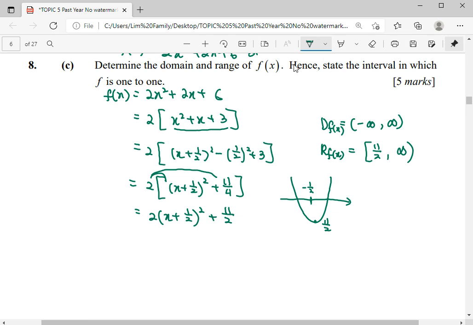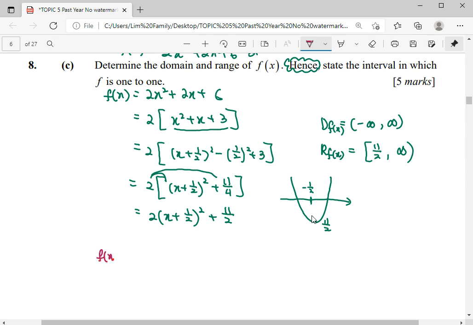So hence, the question continues after you see your domain and range. The question asks you to determine the part that can make the function 1 to 1. In order to make the function 1 to 1, we cannot take the whole quadratic graph. We only take one side only, either the right hand side or the left hand side, so that the graph does not have two intersection points when doing the horizontal line test.